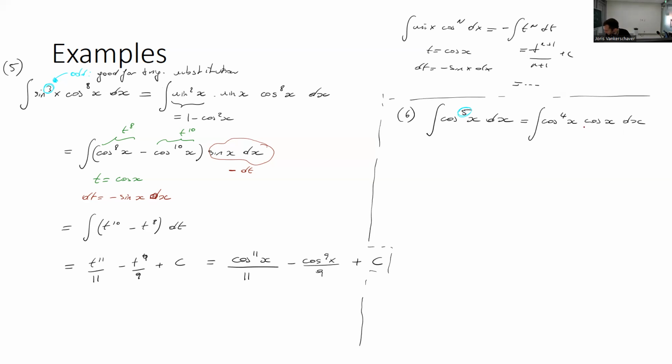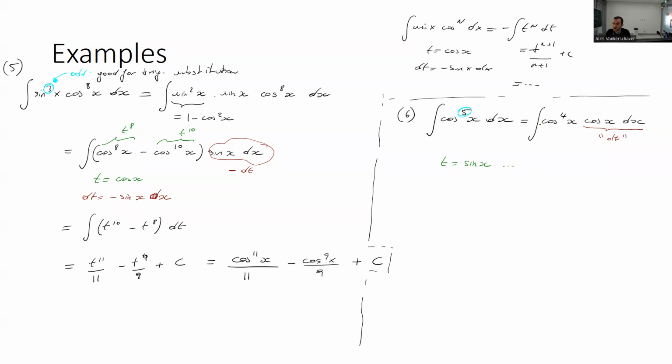This is going to become my dt. So now I'm going to need to make a substitution so that dt is equal to cosine x dx. So I'm going to have to look for t equal to sine x somewhere.